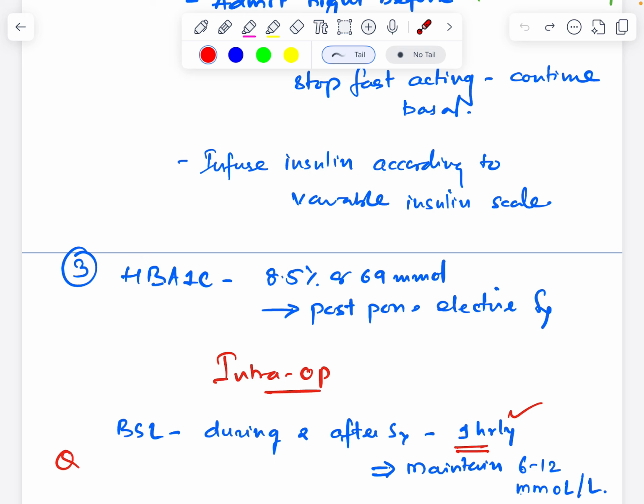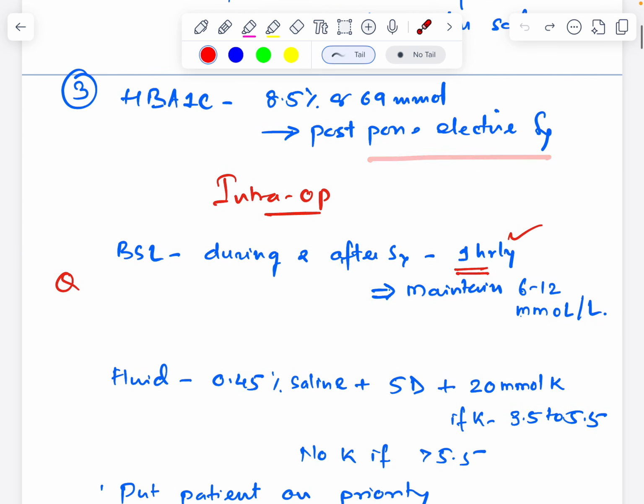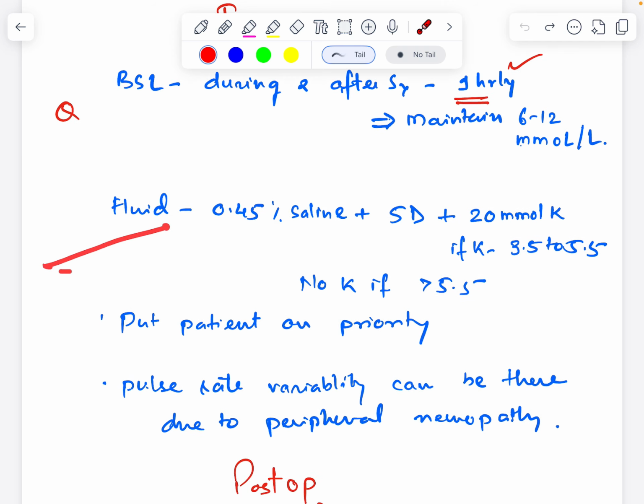HbA1c 8.5% or 69: postpone elective surgery. Intraoperative, check hourly, and after surgery. Intraoperative glucose should be 6 to 12 millimoles. This is a question: fluids, 0.45% half normal saline, 5% dextrose, and potassium. Potassium should be added.